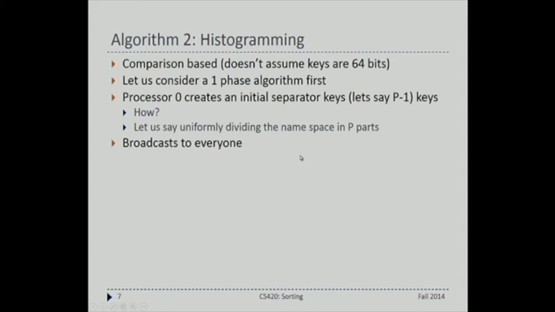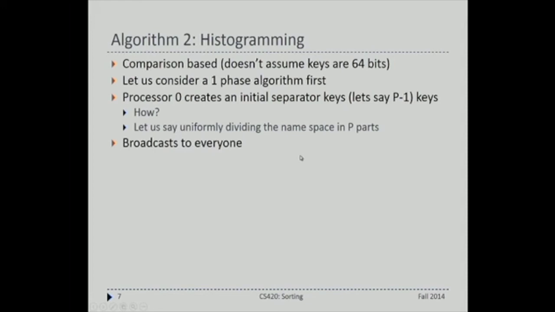And everyone says, okay, then these keys go to 0, these keys go to 1, these keys I keep because I'm 2, these keys go to 3, and so on. I just send them off once. So a repeated histogramming step for calculating the separators and adjusting them, and a single all-to-all phase is what this algorithm does. Is that clear?